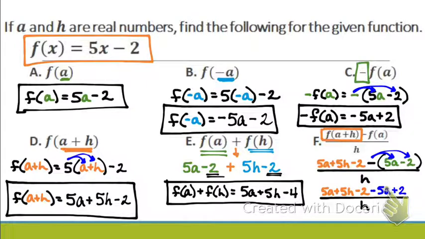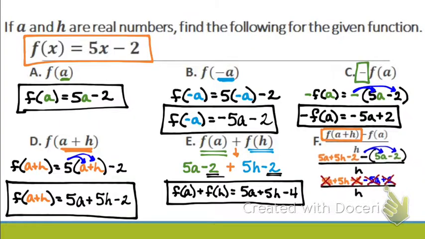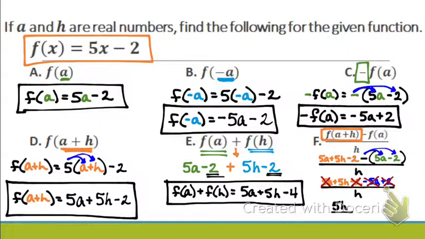Does this simplify at all? Can I clean that up? The 5a's cancel. Does anything else cancel? The 2's. So what do I have left then? I have 5h over h. Close.